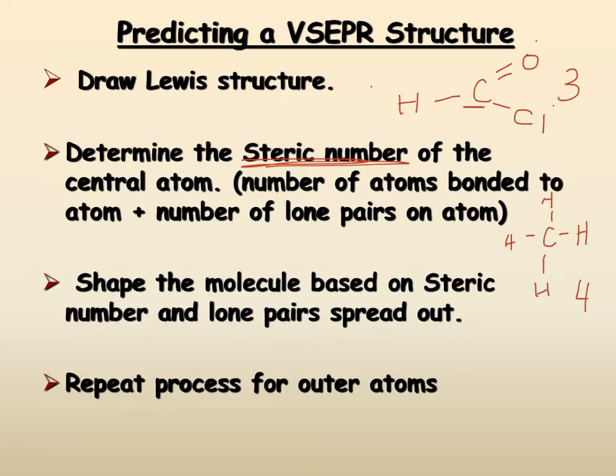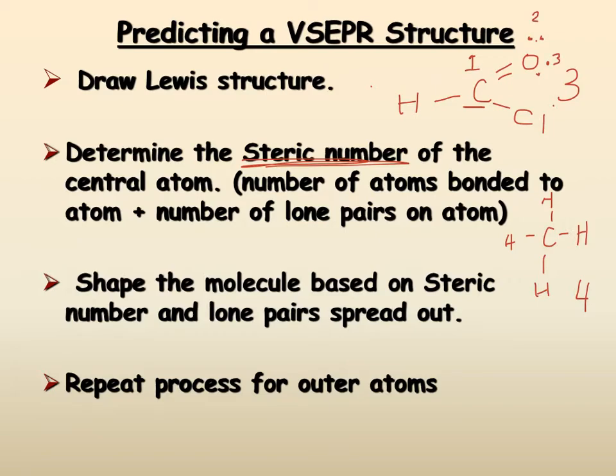Then, as far as how you use lone pairs, in the same molecule, the carbon, chlorine, and oxygen molecule, if we put our lone pairs on oxygen, oxygen also has a steric number of 3. 1 for the atom, and then 1 for each lone pair.